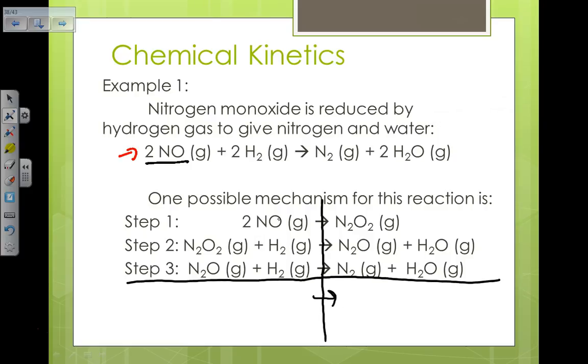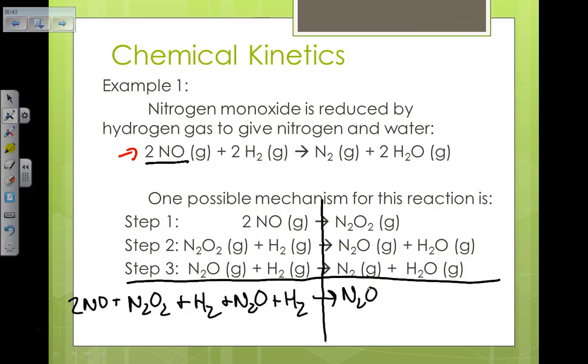And I am going to write all the reactants on one side, 2NO, and I'm going to leave off the states because it takes up a lot of room. N2O2 plus H2. So I'm taking these and writing them here, plus N2O plus another H2, reacts to form N2O2 plus N2O plus H2O plus N2 plus H2O.